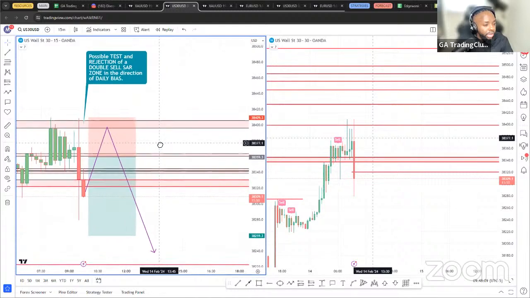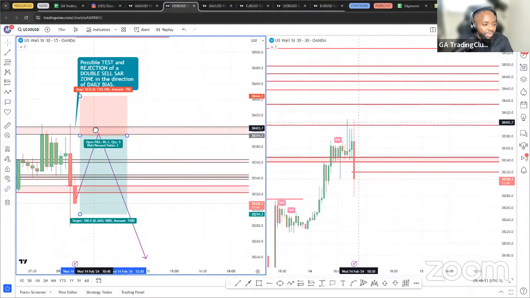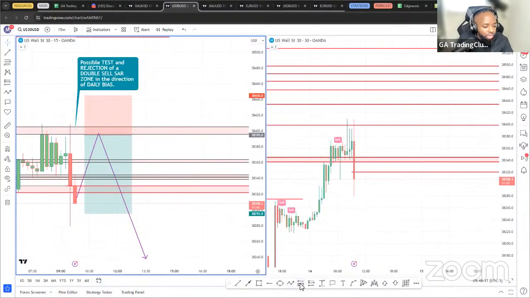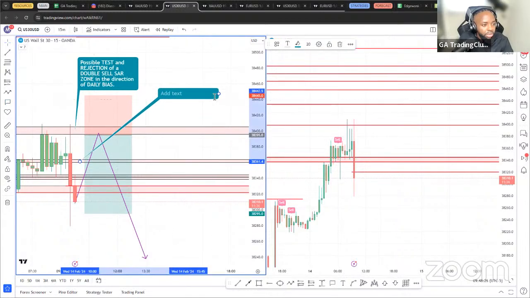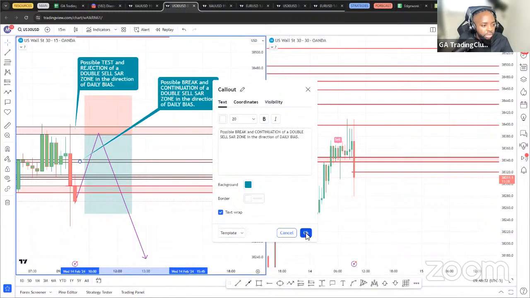And then the break and continuation, so for me, this is the better trade. It depends on where this 15-minute candle will close, but this is the best zone for a break and continuation trade. So possible break and continuation sell.